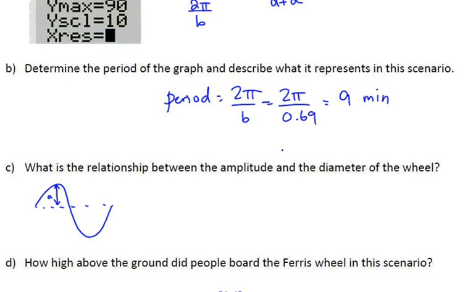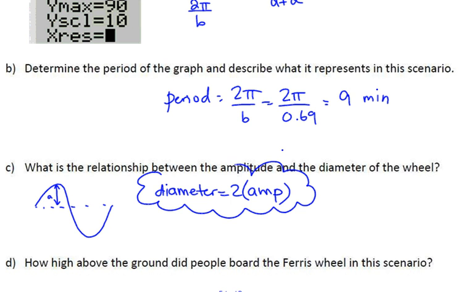How is that related to the diameter? It's half, right? Or we could say diameter is 2 times the amplitude. Your amplitude is your radius of your Ferris wheel. This you need to know. If you know this, that would make it a lot easier.